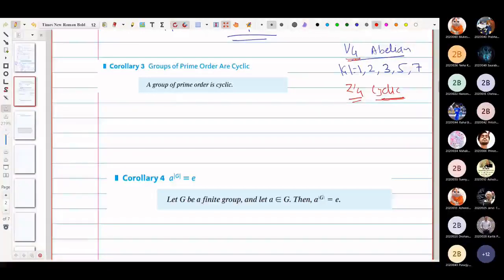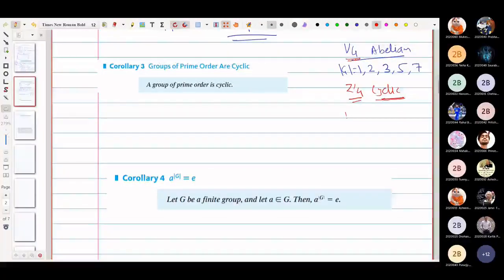So a group of order 1 is abelian, of order 2 is abelian because they are cyclic, and a group of order 3 is also abelian, a group of order 4 is also abelian, and a group of order 5, because they are cyclic, so they are abelian.